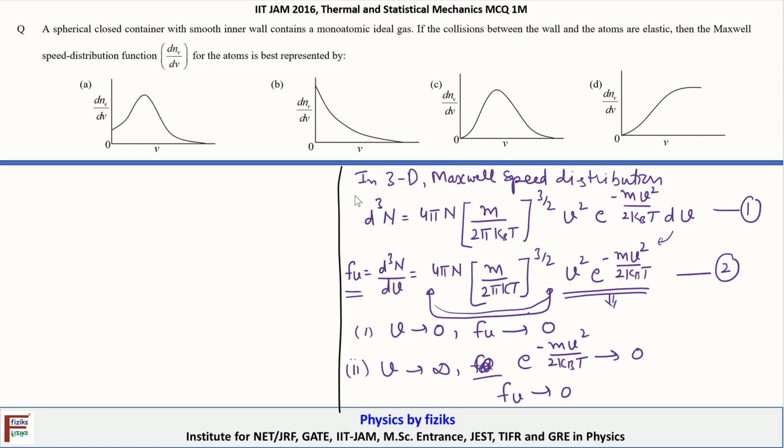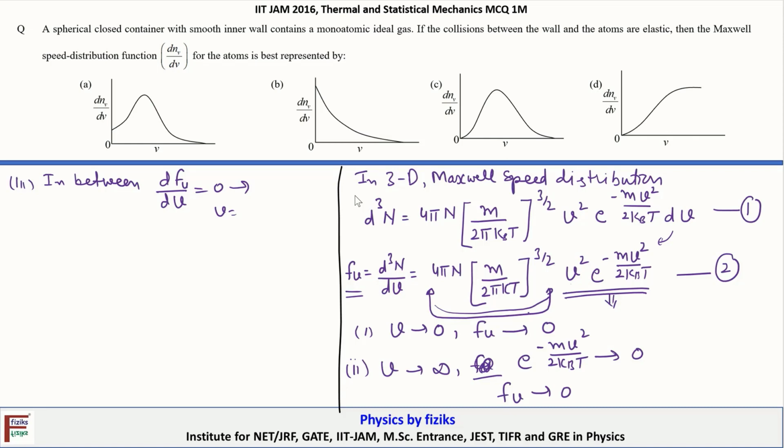Now the situation in between, the behavior of f(v) as a function of v, can be determined by simply equating df(v) by dv equal to 0. This will give us the point of maxima. By equating this to 0, we can obtain a value of v at which this function gains a maximum value.